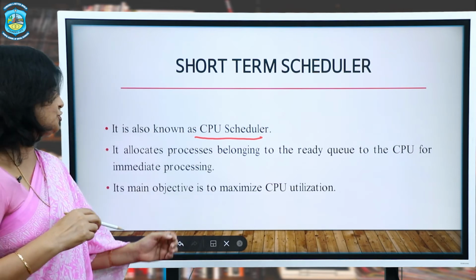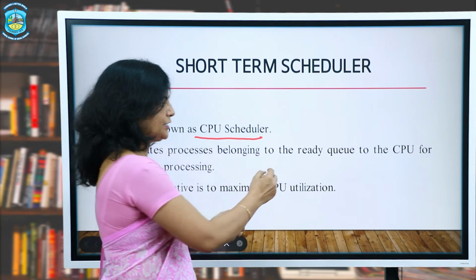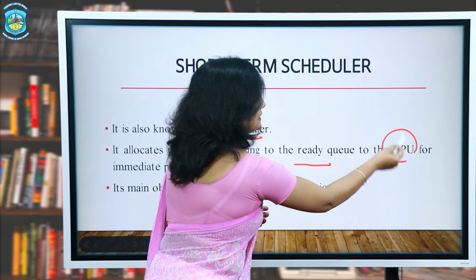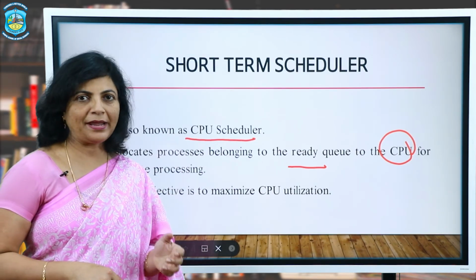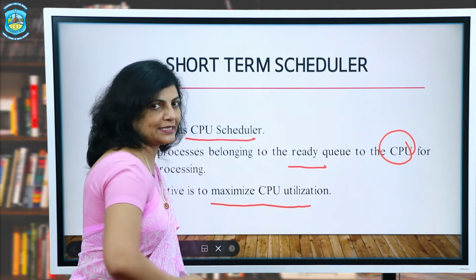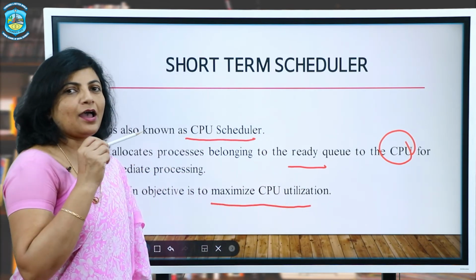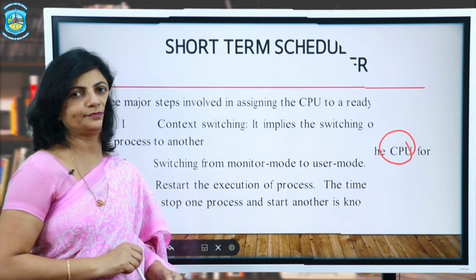The job of the CPU scheduler is to allocate processes belonging to the ready queue to the CPU for execution, and its main objective is to maximize CPU utilization, which is the objective of the operating system also.